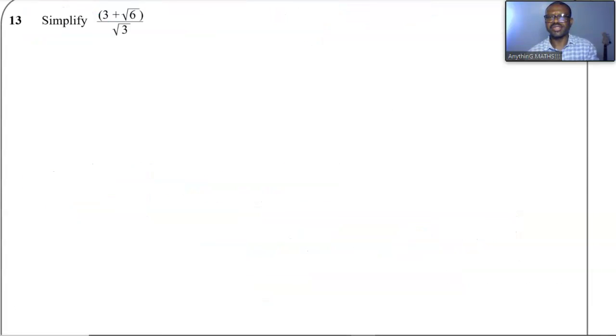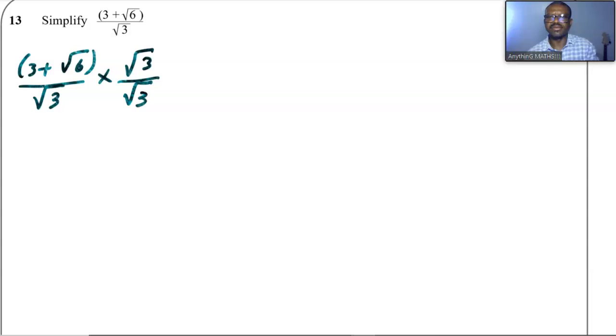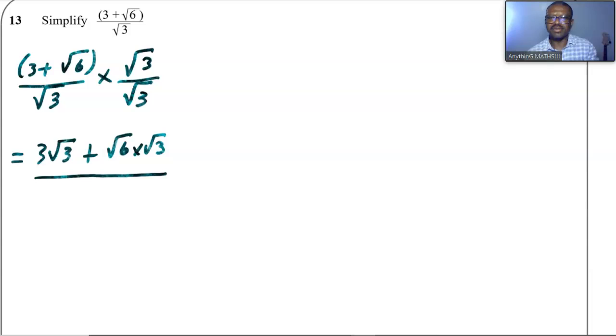Rationalize 3 plus root 6 over root 3. So we have 3 plus root 6 all over root 3 times root 3 over root 3. When we expand, we're going to have 3 root 3 plus root 6 times root 3 all over 3, because the denominator root 3 times root 3 is 3.